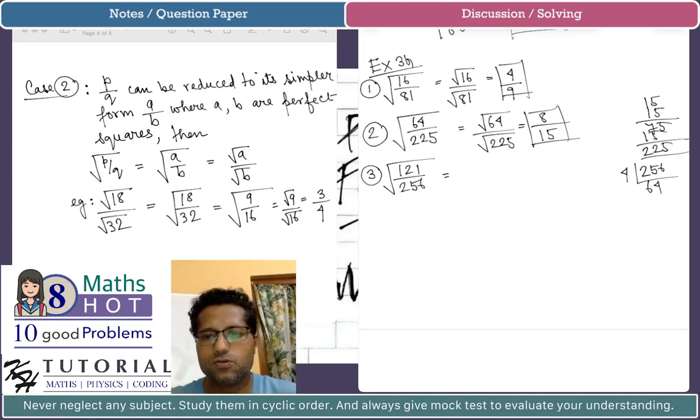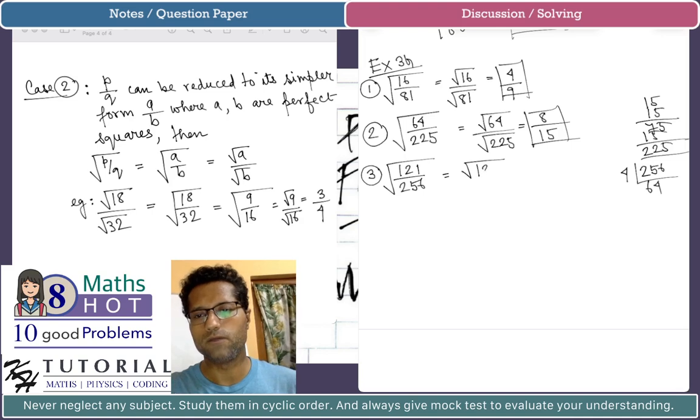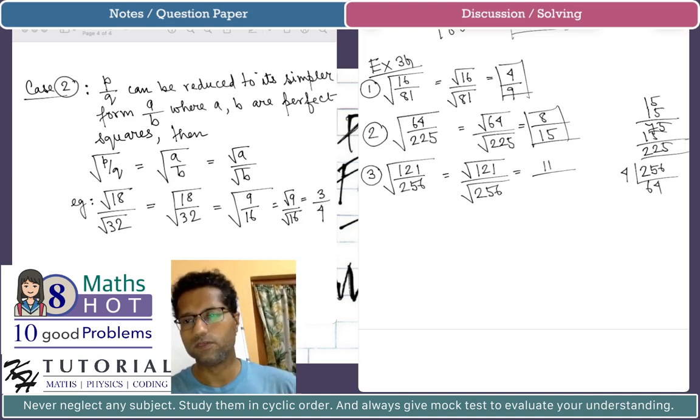Okay, so now this will be 121, we know is a perfect square, and also I can see 256 is also a perfect square. So this will be square root of 121 divided by square root of 256. This is equal to 11 by square root of 256. 256 is equal to 4 multiplied by 64.